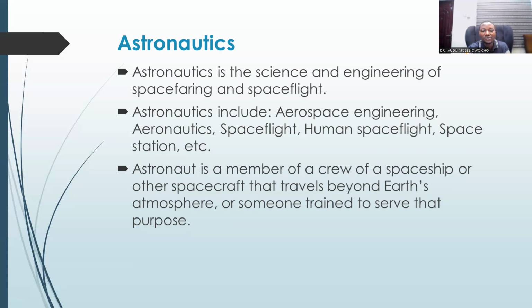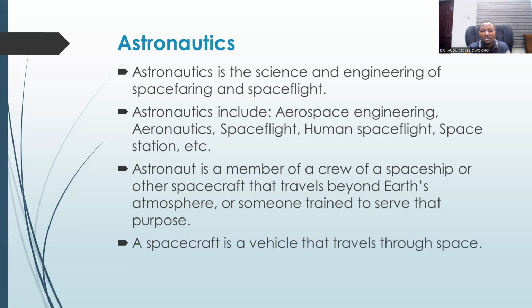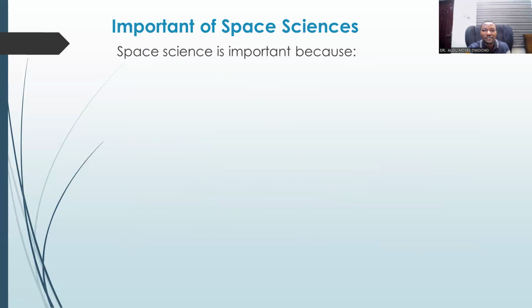They are called astronauts. An astronaut is a member of a crew of a spaceship or other spacecraft that travels beyond Earth's atmosphere, or one who is trained to serve that purpose. And a spacecraft is a vehicle that travels through space.